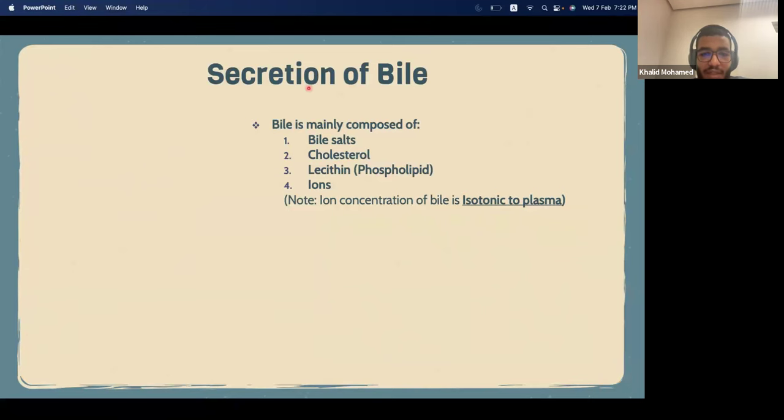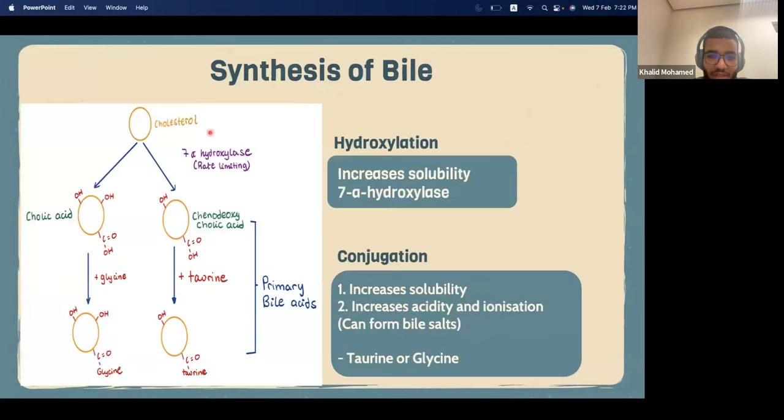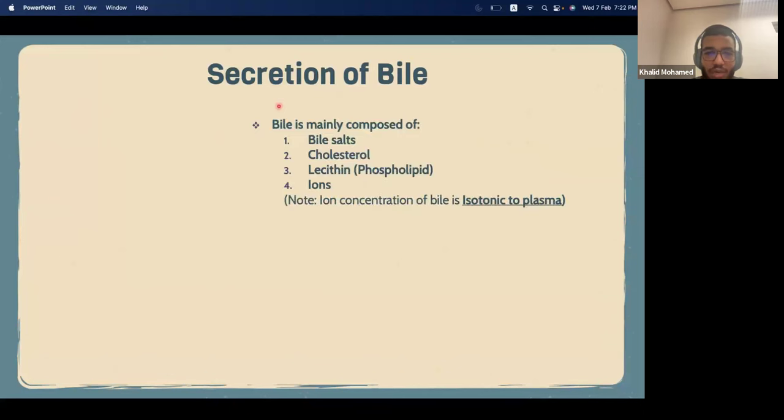Now, the composition of bile. So these are bile salts. They're not what we call bile, because bile is the fluid. So what is bile? Bile is basically bile salts plus cholesterol plus lecithin, which is a phospholipid, plus ions, and also obviously water.